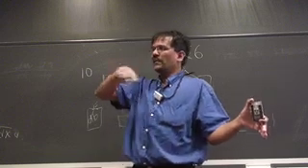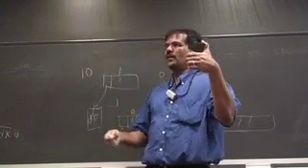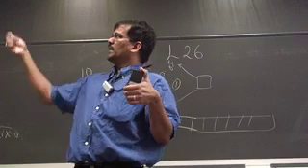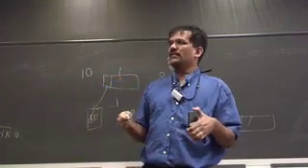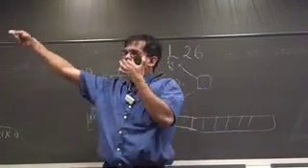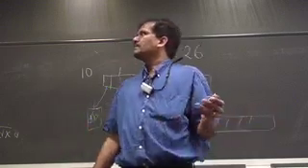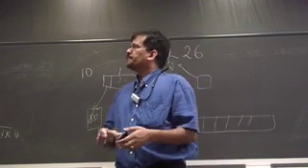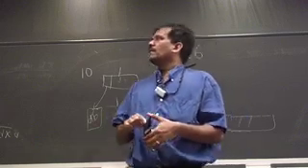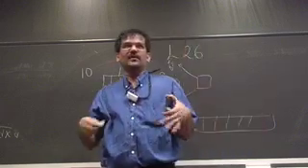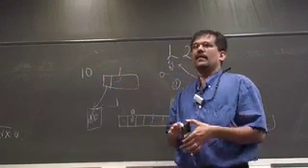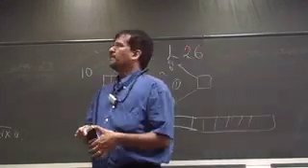For the files you have this pointer, now you have one more pointer for free blocks. If I lose the head, then I'm in trouble. But otherwise, it's as robust as the other component. So those are the two ways of maintaining and keeping track of the free blocks.